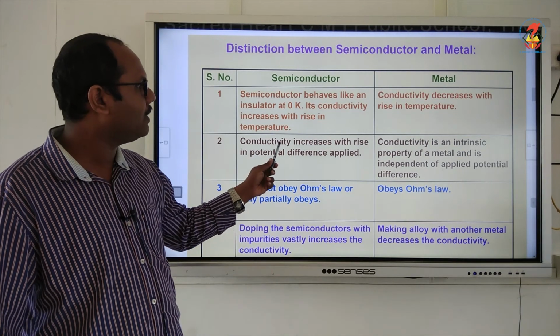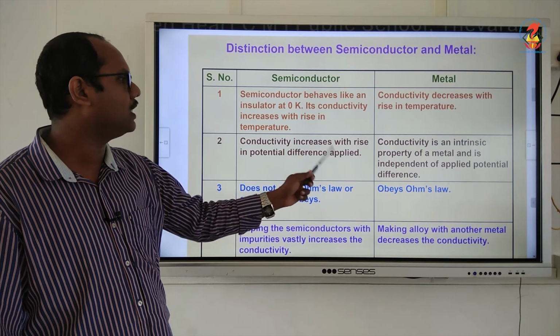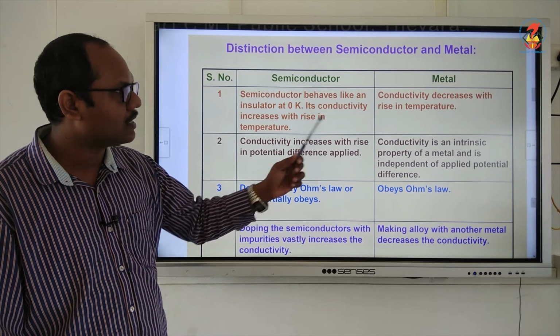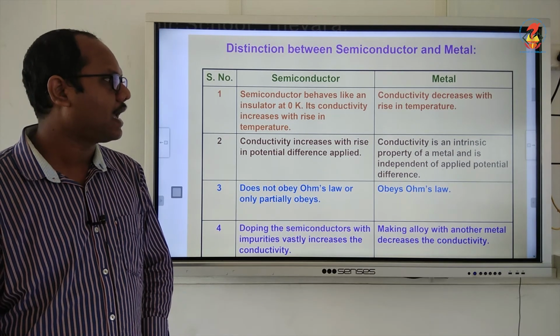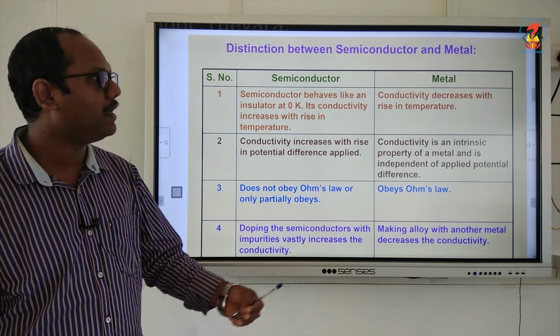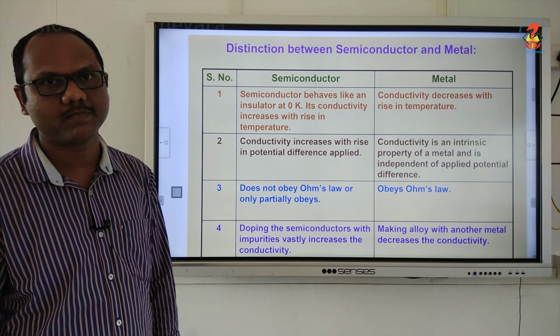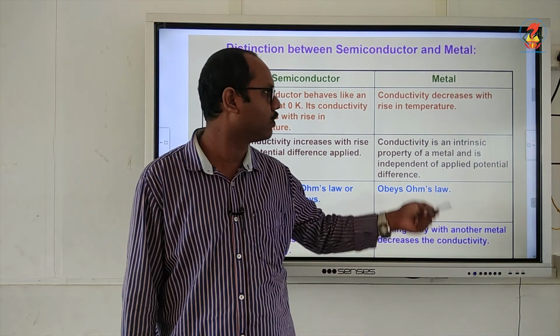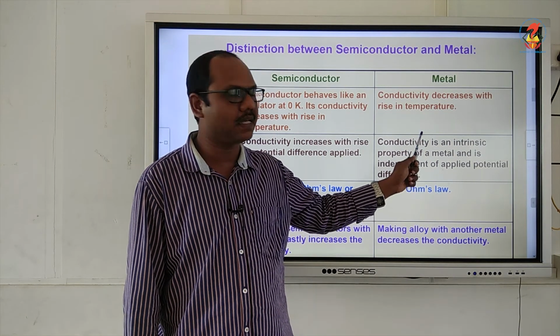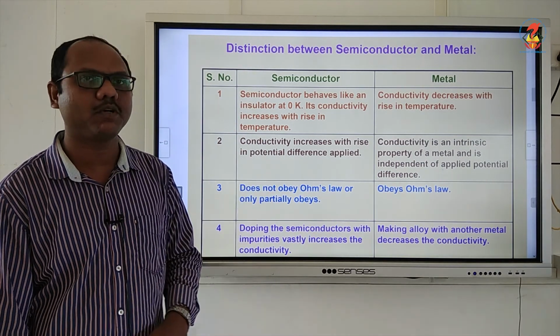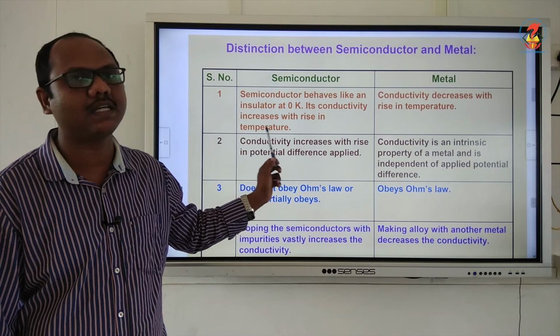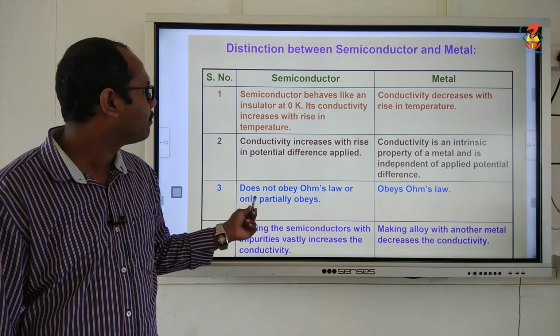Now the conductivity increases with rise in potential difference applied, whereas in metal conductivity is an intrinsic property and is independent of the potential difference. So think about that point. For metals, conductivity is independent of the potential difference, whereas here it depends on the potential difference. It increases with increase in potential difference.